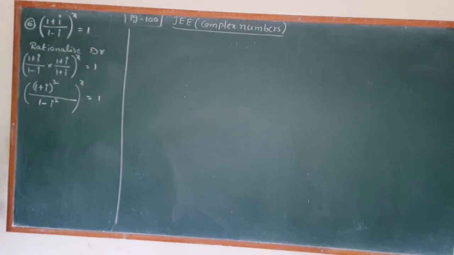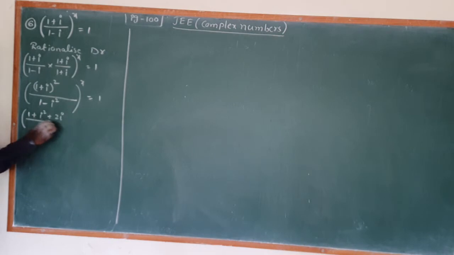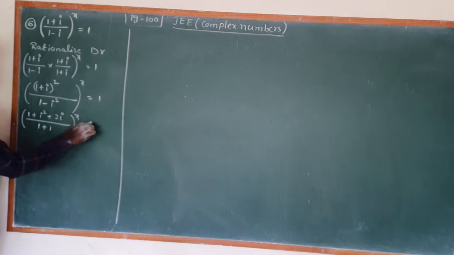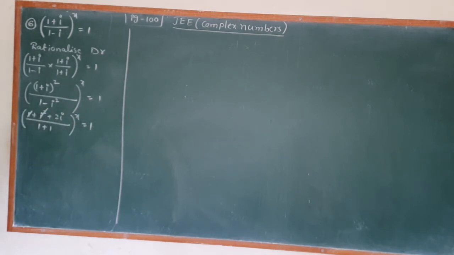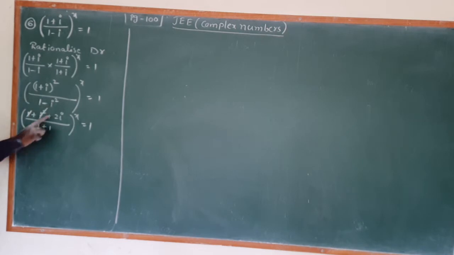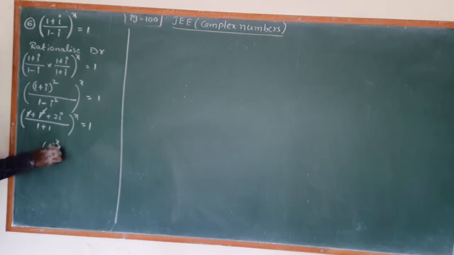Now the numerator is in the form of a plus b whole square, a square plus b square plus 2ab. The denominator value 1, i square value minus 1, minus of minus plus 1, whole power x is equal to 1. Then i square 1 gets cancelled, because i square value will be minus 1 plus 1 cancelled, 2i by 2, that is i. Then finally we got i power x equals to 1.